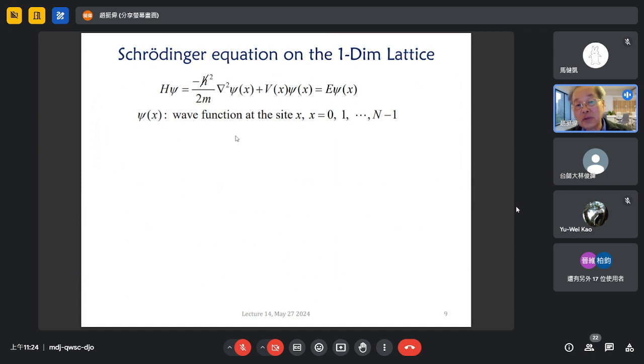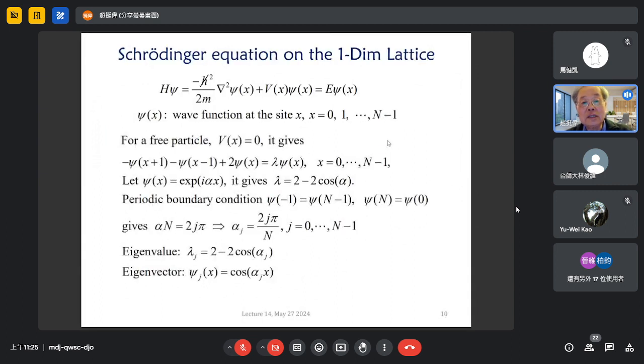So for a one-dimensional lattice, psi(x) is the wave function at the site x equals 0 to n-1. And let me take the simplest example, the free particle, with V(x) equals 0. In general, you can take any potential you like, and then you solve this numerically.